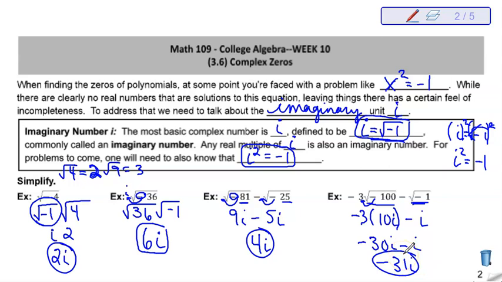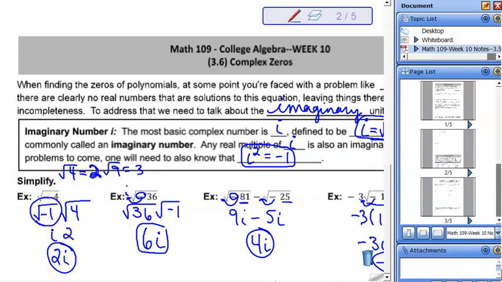So those are what we refer to as imaginary numbers. Now, imaginary numbers are something that we can put together with what we have worked with in the whole course already, which are real numbers. With real numbers, we have rational numbers and irrational numbers. Part of rational numbers means that I have integers.